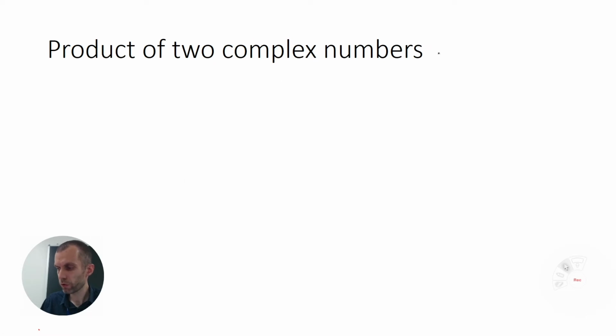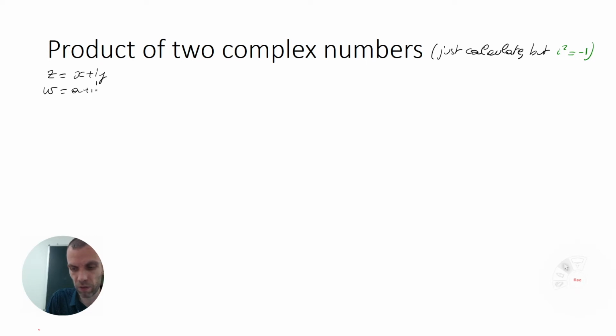So for the product of two complex numbers, you can do pretty much the same thing. So just calculate, but keep in mind that i squared is -1, and use that whenever you have to. So let's say we have z equal to x plus iy and w equal to a plus ib. Then what do we have for z times w? Well, it's x plus iy times a plus ib.